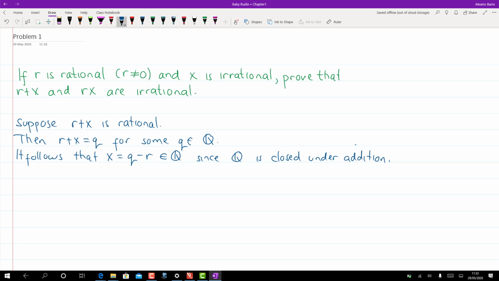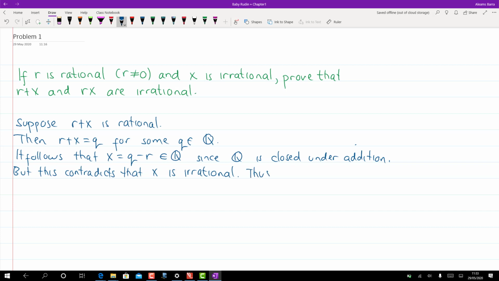But this contradicts the fact that x is irrational. Okay, so therefore r plus x cannot be rational.